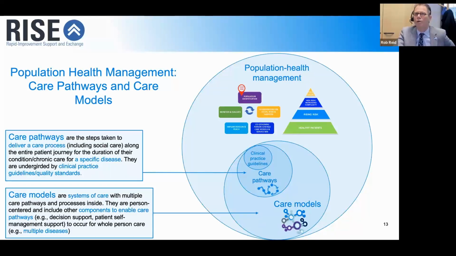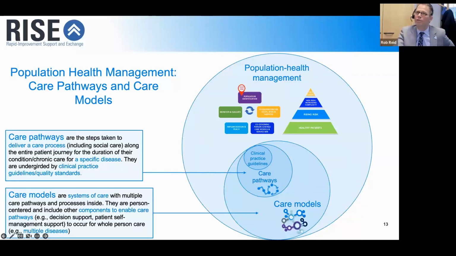And then care pathways are really the who does what, when, where, how of delivering care to particular populations of patients within the care model. And then care models are larger than that. Care models are really systems of care that are often embedded with multiple care pathways and processes inside. They are very often very person-centered, and include other components to enable care pathways.